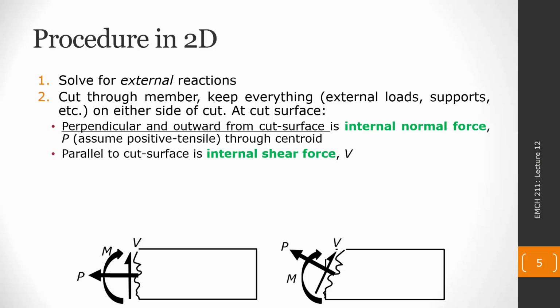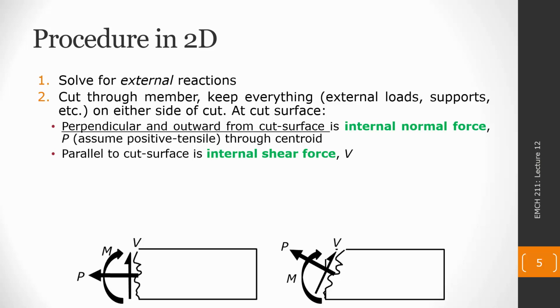There will be, for beams, a standard convention for what direction you assume is positive, but for right now, we just need to make sure that it is directed parallel to the cut surface. Now, when we find the sign on V, it does not have that same interpretation of compression versus tension. That is only going to be the case for the internal normal force, P.